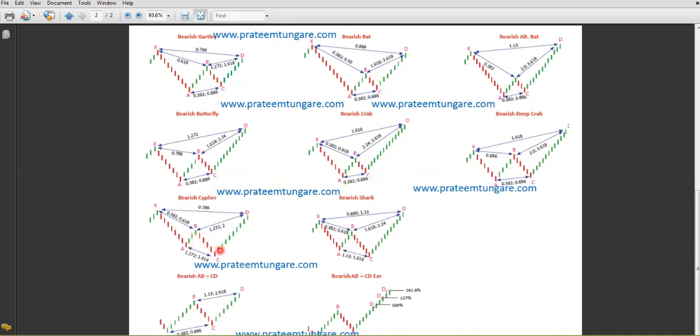Else, if the value of C is lower than A, then it will belong to these 2 patterns. What does this mean? We will see the value of C, and if this C is lower than A, then you don't need to see all these patterns. It can be either a cipher or a shark. Very simple.